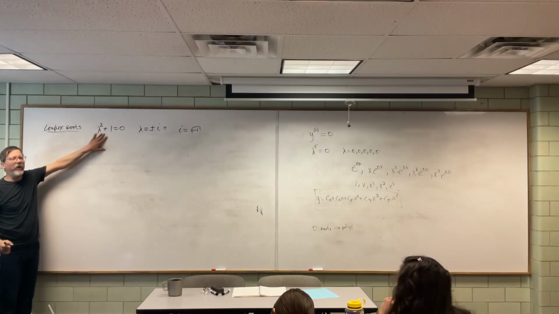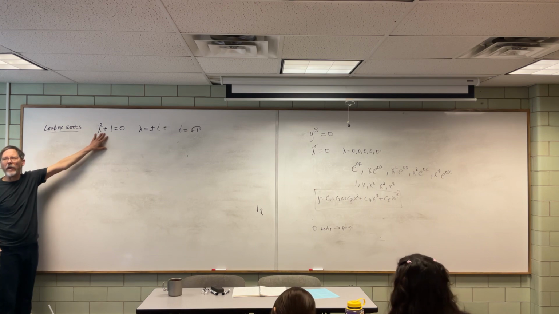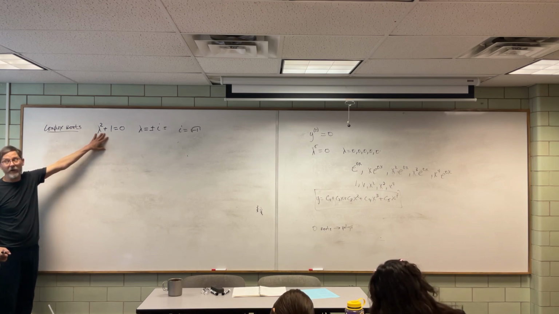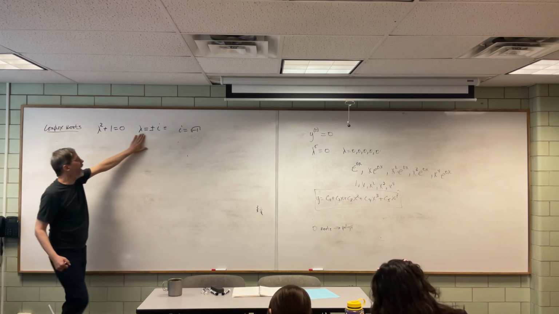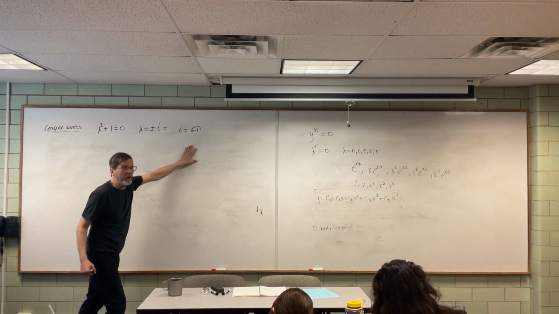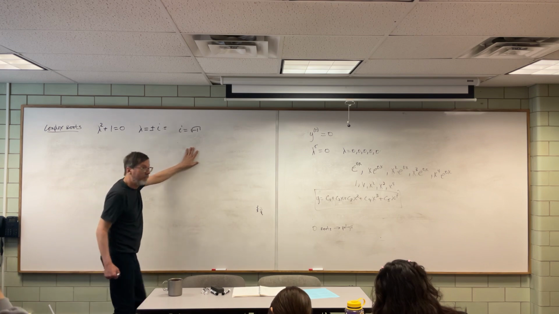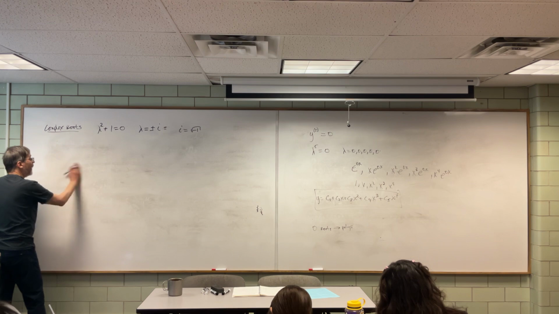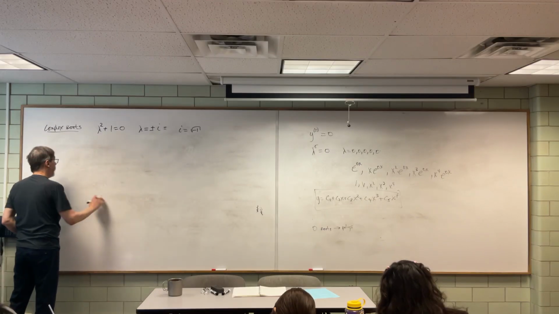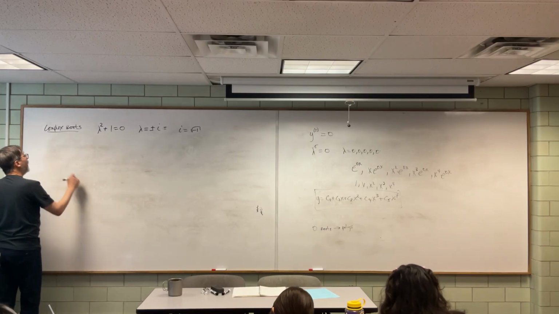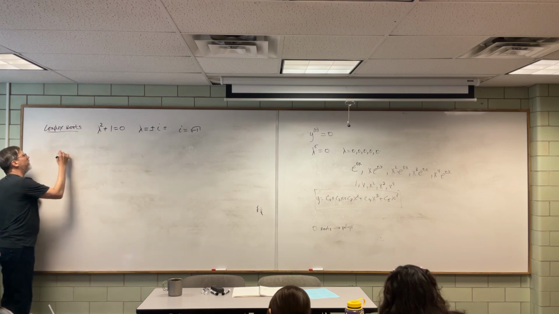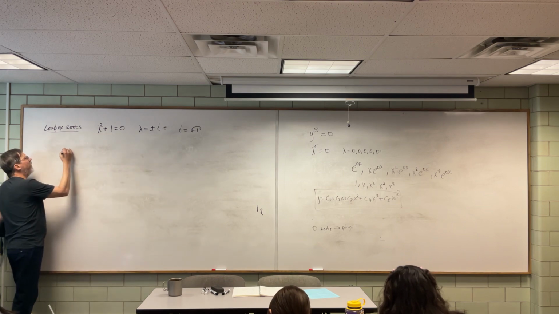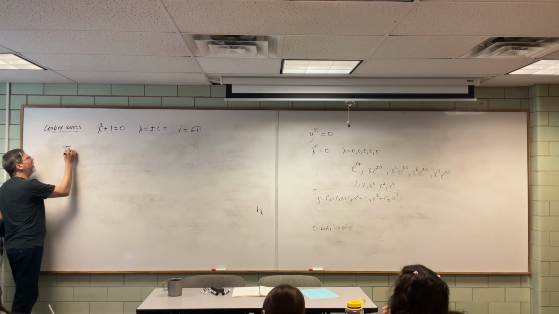That should be somewhat familiar to you from your math life somewhere along the way. You might not have done it recently, but it should not surprise you that there is an imaginary number called i. I want to derive a formula for you.